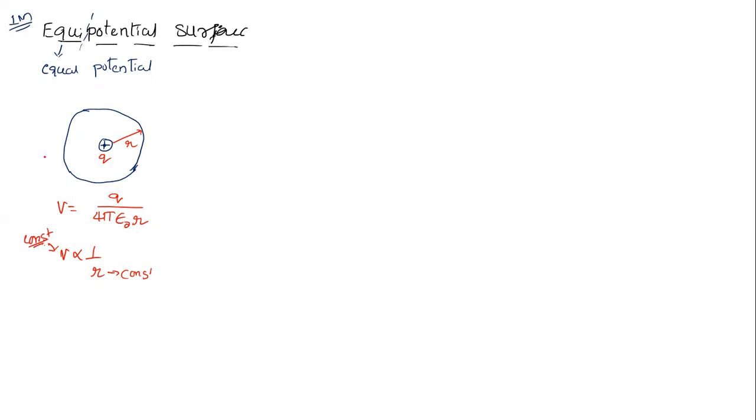On the surface, anywhere you take, the potential is the same at this point, this point, this point. Let's say V1, V2, V3, V4, V5 at these points. All the points have the same potential, so V1 equals V2 equals V3 equals V4 equals V5. This surface is an equipotential surface.